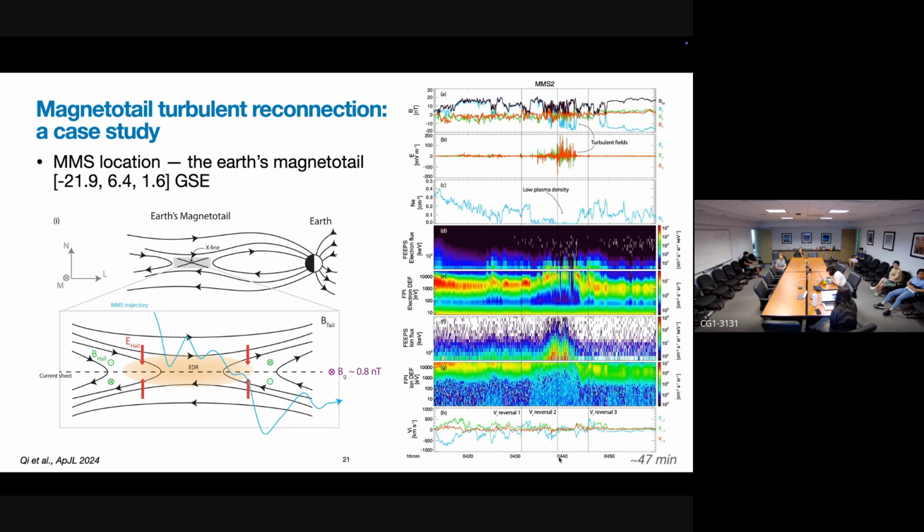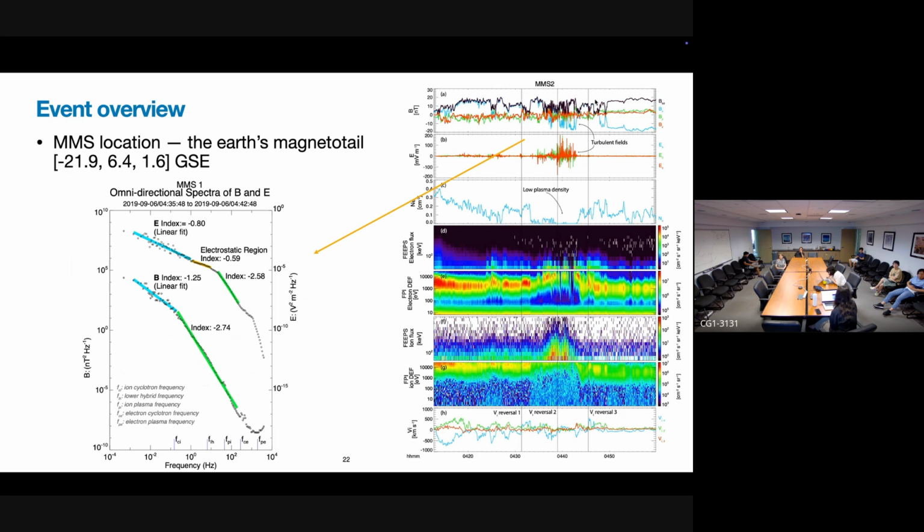At the center, right around the second ion jet reversal, we enter this region, as you can see from both the magnetic field and electric field. The fields start to become really turbulent or dynamic. And interestingly, if you look at the plasma number density, right when you go into this turbulent area, the plasma density sharply decreases to a very low level.